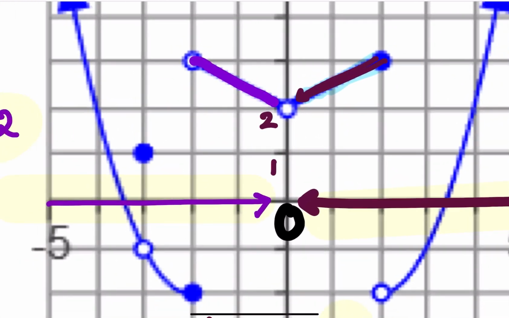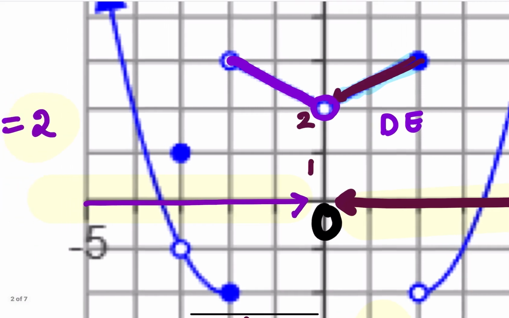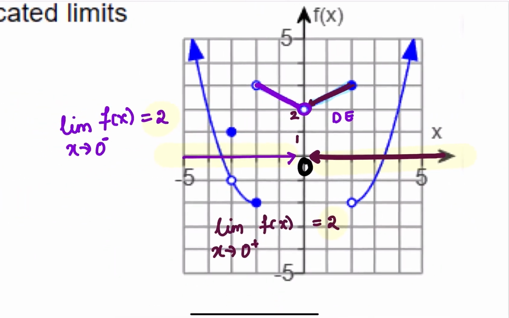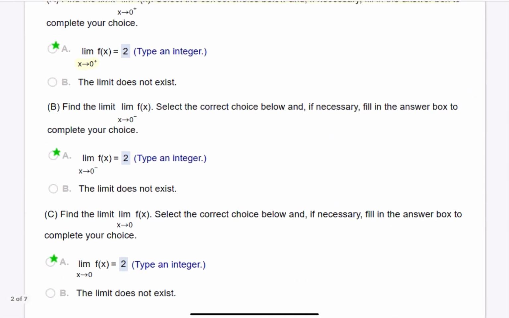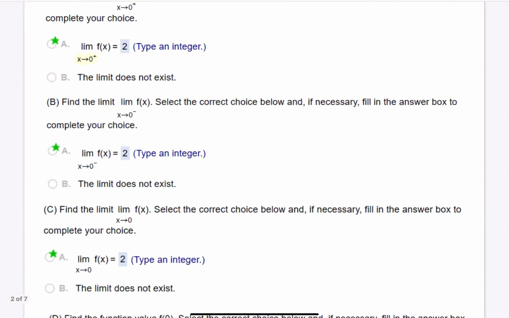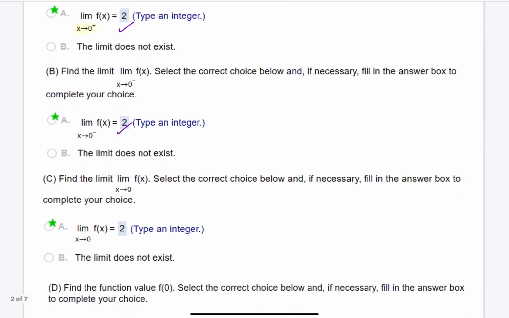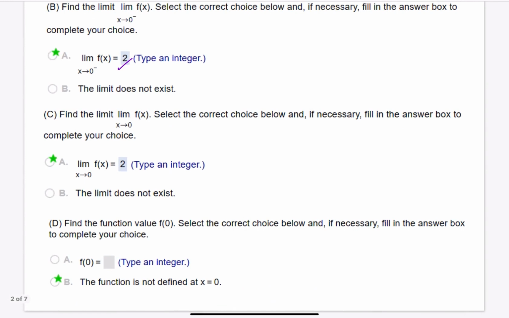If you see an open circle, that means the function value does not exist at 0. They're telling you, I am getting closer to 2, but the function value does not exist. So the limit goes to positive 2 from both sides, but f of 0, the function value, does not exist.